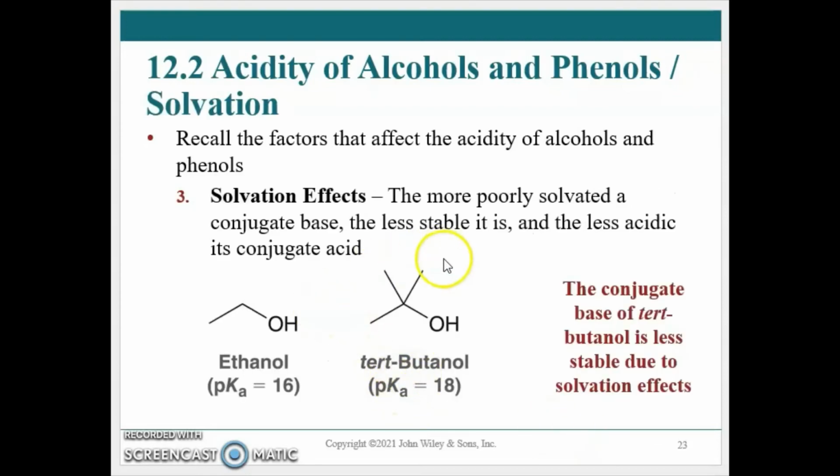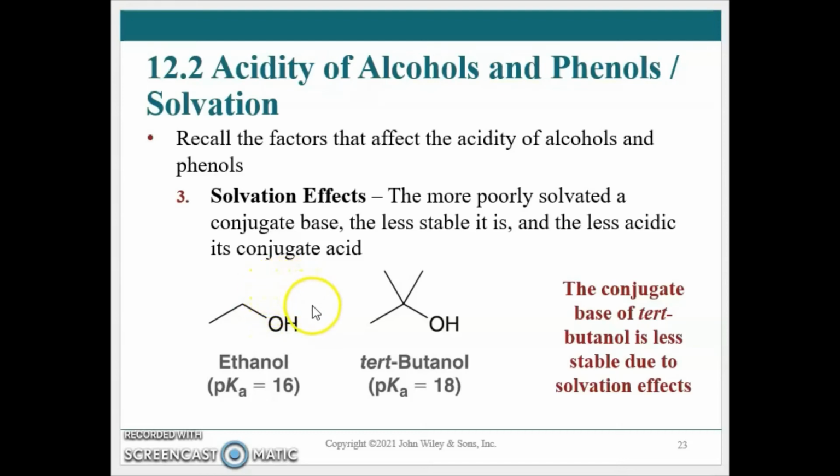Now, solvation effects can also explain difference in the acidity. In an ethanol molecule, when ionized, solvent molecules can orient around the negative charge to help stabilize it by putting the positive dipole of the solvent in alignment with the negative charge of the oxygen.